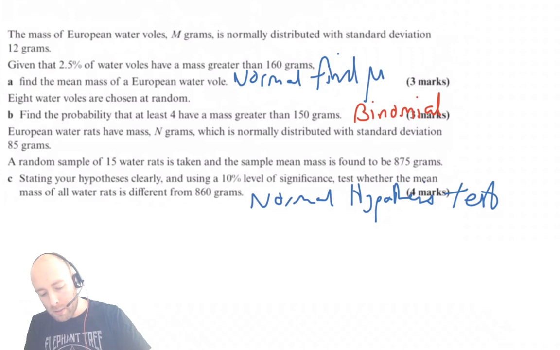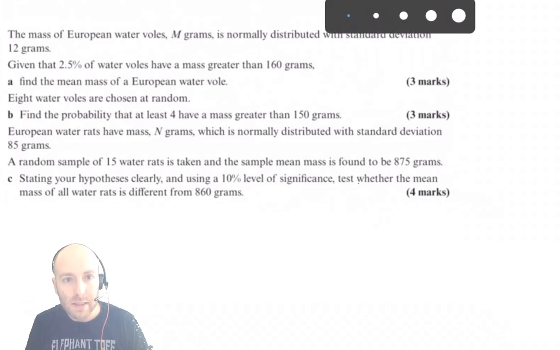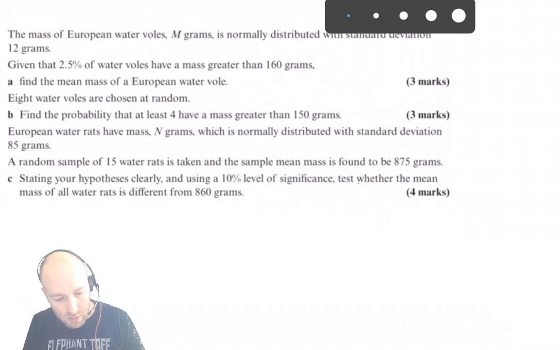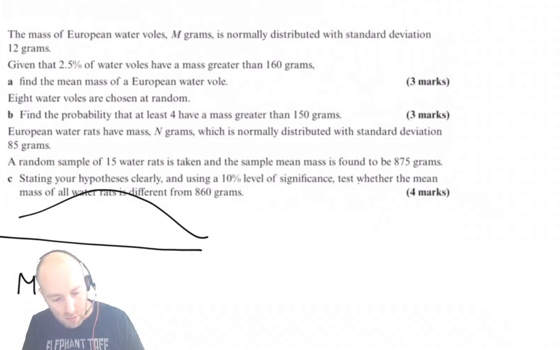So part A, we're looking at a standard normal distribution. If we sketch part A, we were told the mass of the water moles is normal, we don't know the mean, and we know sigma is 12.